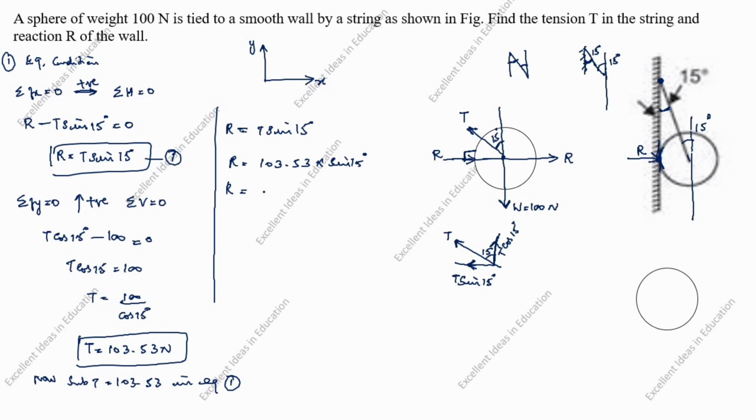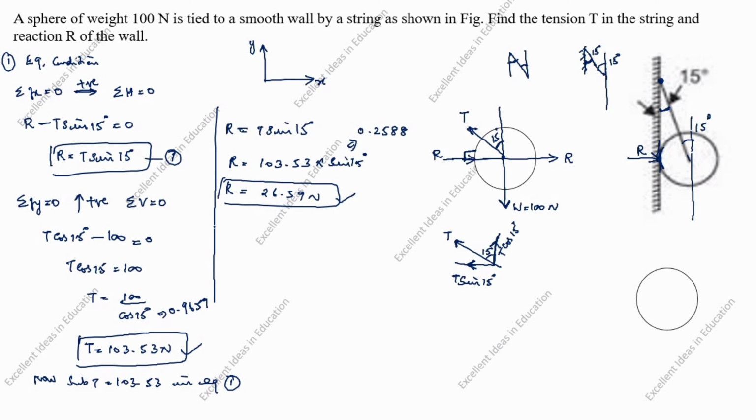R is equal to 26.59 Newton. Sine 15 degree is 0.2588. Cos 15 degrees 0.9659. You see, in this question we need to find tension and reaction R. This is the answer for this question.